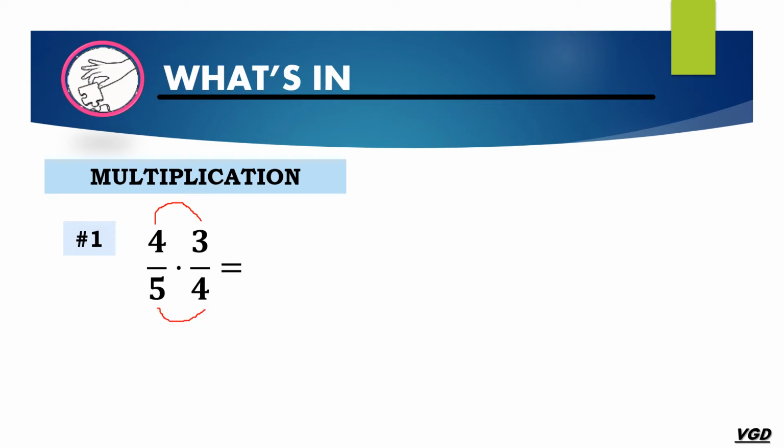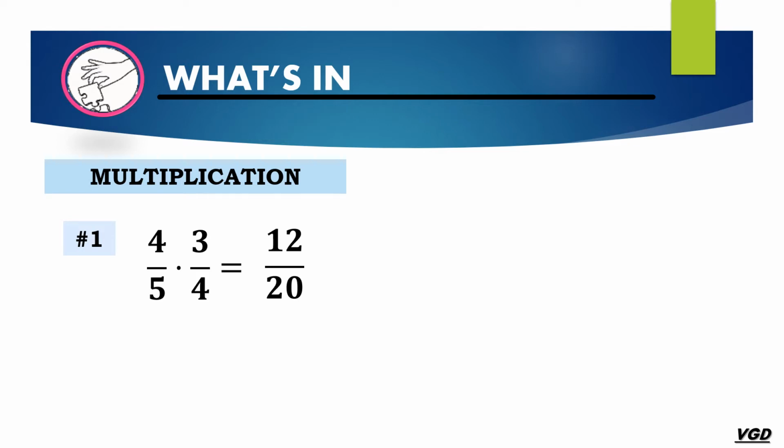So we have 4 times 3 is equal to 12 and 5 times 4 is equal to 20. And as you can see, 12 over 20 can still be reduced to lowest term.